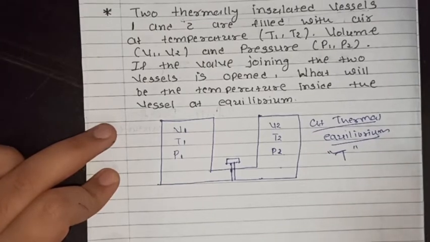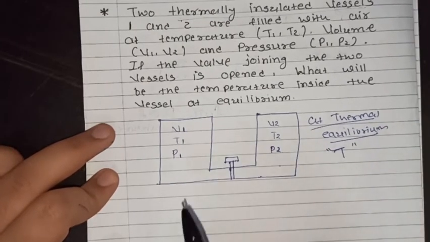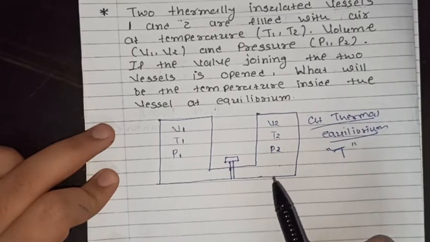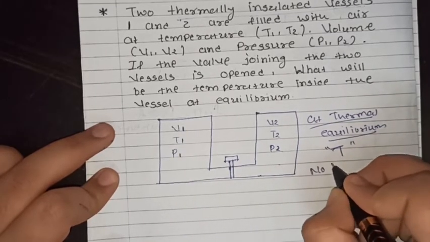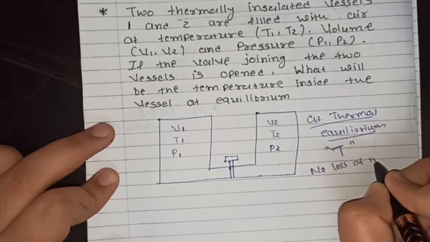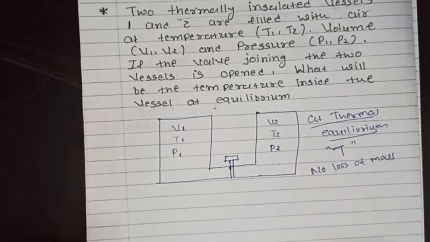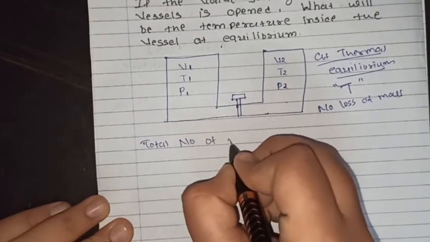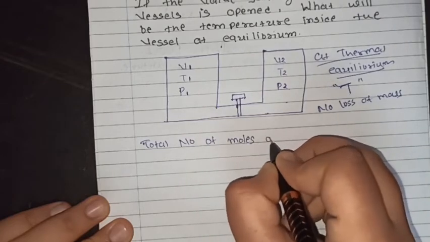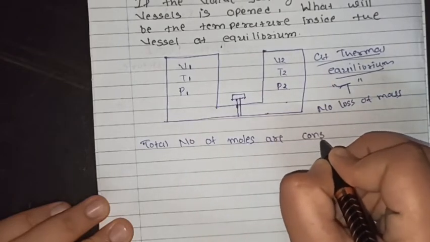Here we have to consider one thing, that the number of moles are constant. There is no loss of mass. So the total number of moles are constant.